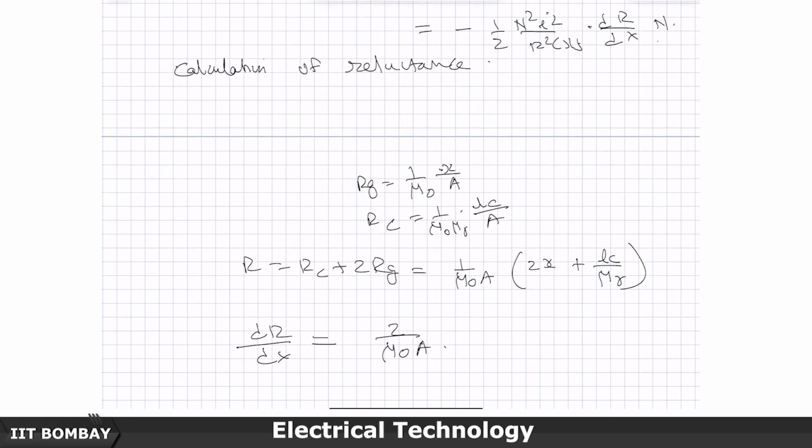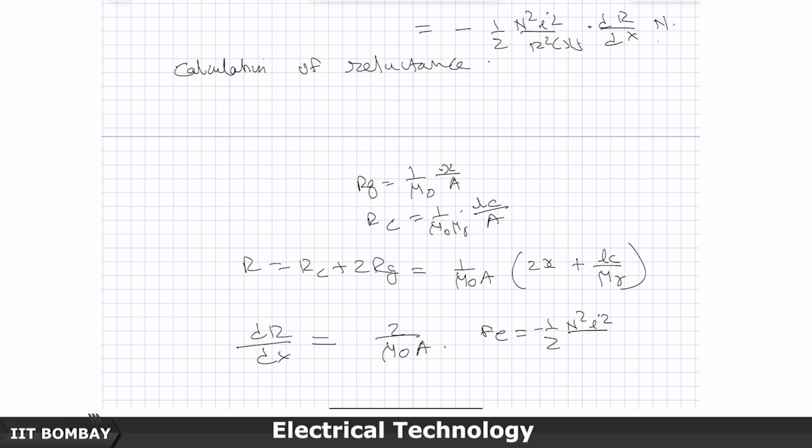So, my F e turns out to be minus of half of n square I square divided by r square of x.